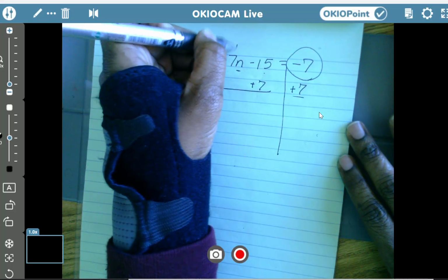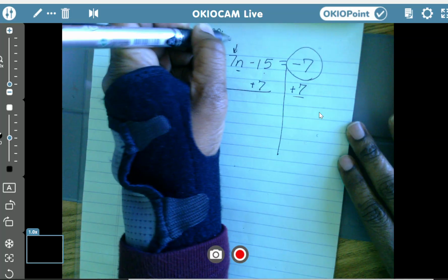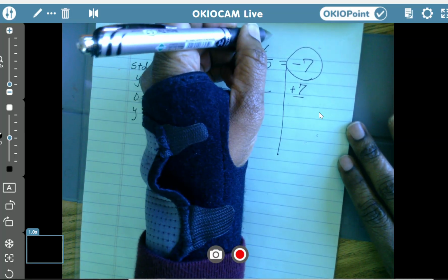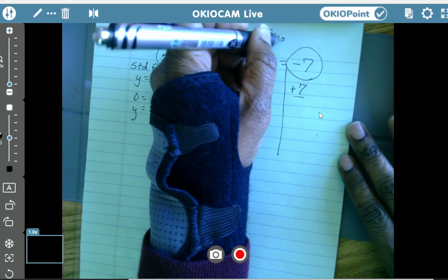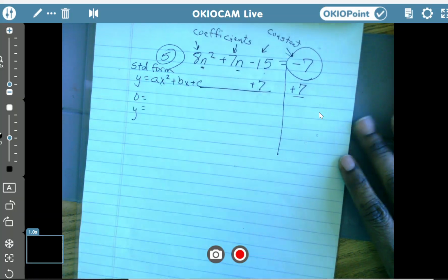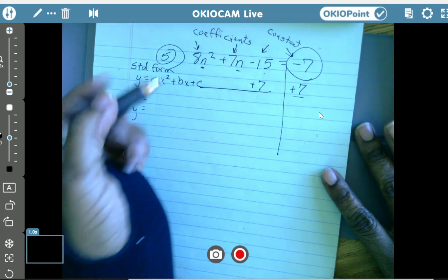This 8 and this 7 are called coefficients. This negative 15 is called the constant. This negative 7 is also a part of the constant, but it needs to be over with the rest of the constants.